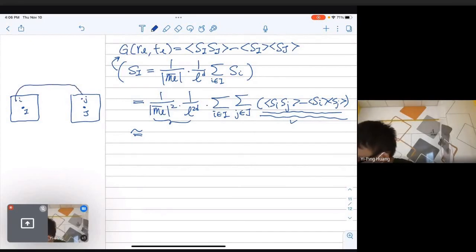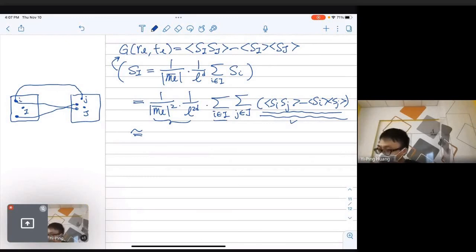And you are summing over all these possibilities, which means that you have a bunch of i and j. Maybe you are calculating the correlation function between these two, or between these two, or between these two, something like that.